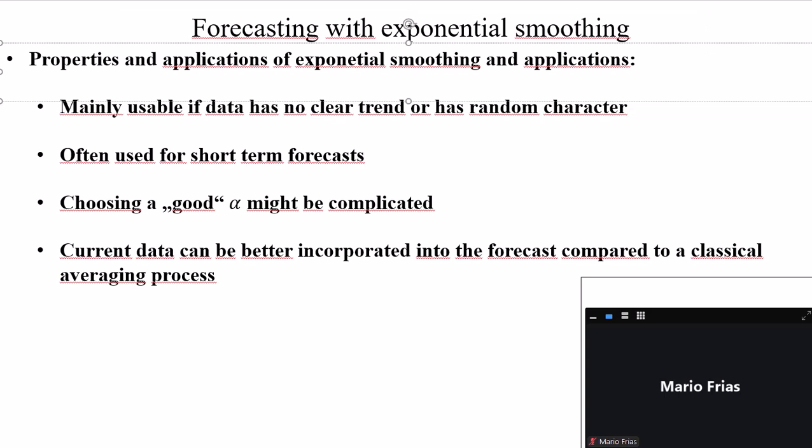So, yeah, this you quite often use if, by just looking at your data, you do not see more or less directly a trend where you can say, well, on average, we have grown by 2% or something like this. Also for short-term forecast. And yeah, this little sentence here, this is then the hard part.